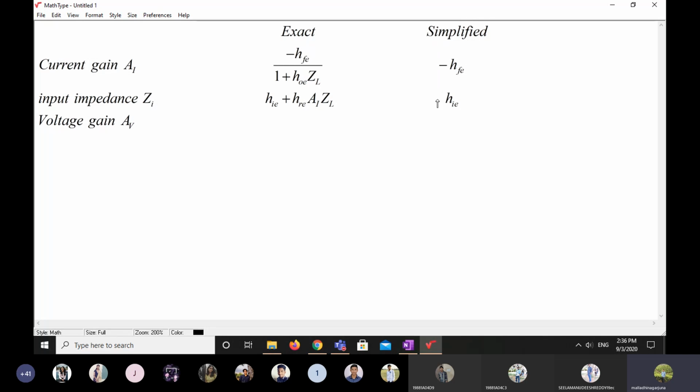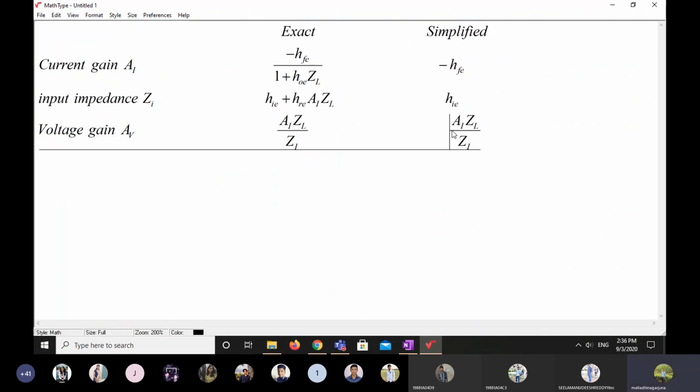Voltage gain is also the same. Okay, but the only thing is that both look the same. In this case, Zi is equal to HIE plus HRE AI into ZL.